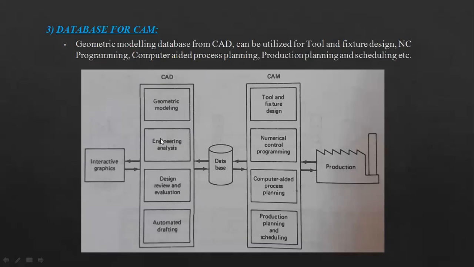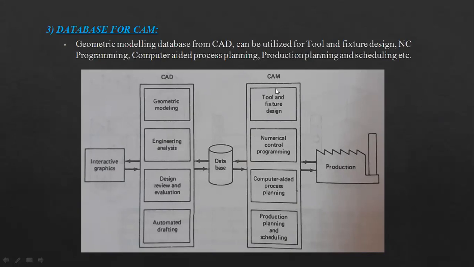After the analysis, we have modified the CAD model. Once it is finalized, it will go for design review evaluation and automated drafting. Final dimensions which are fixed is what this database contains.